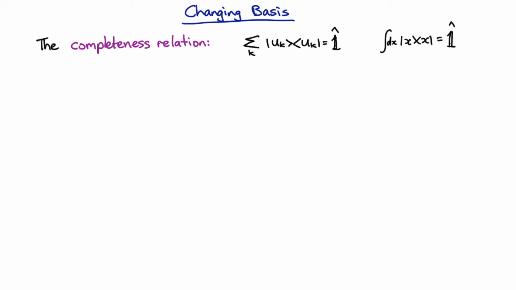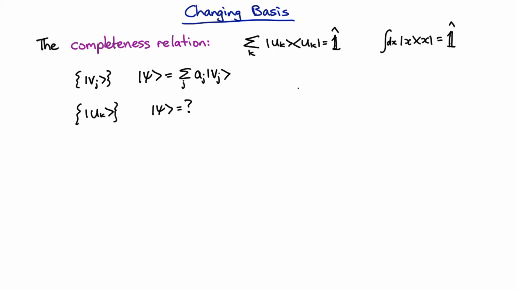Supposing you start off and you've got some basis V. So that's an orthonormal basis. Then a completely general state can be written like this. Supposing you know about some other complete orthonormal basis, the U, what am I going to do?